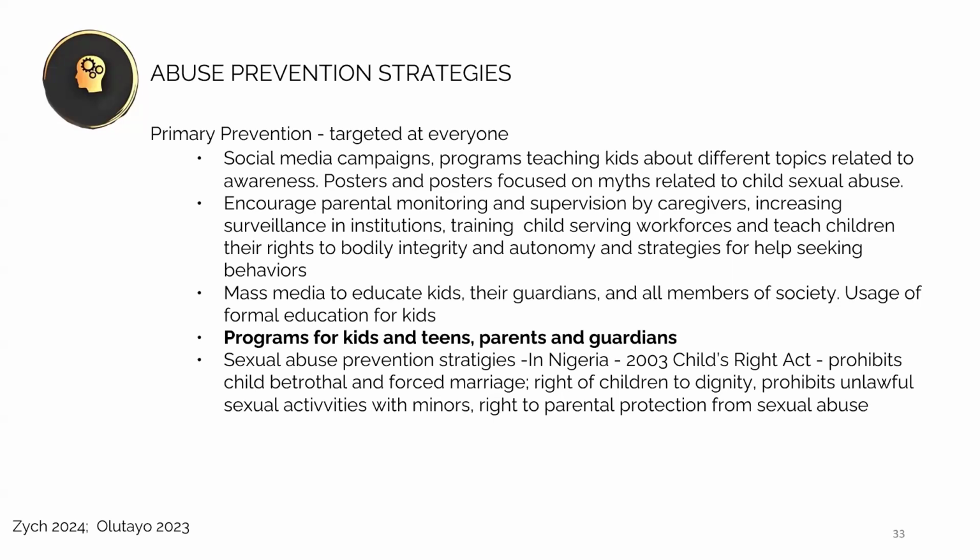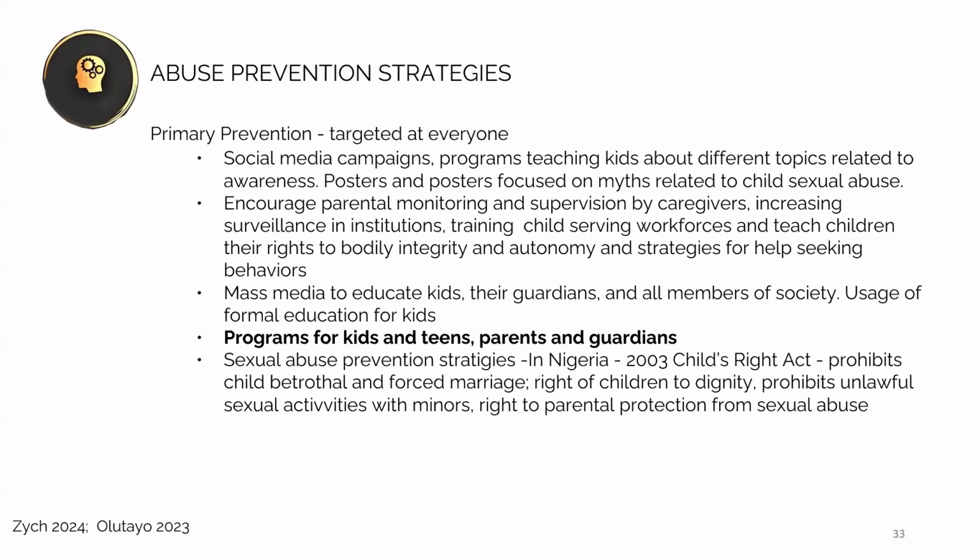Some others talk about more mass media to educate kids, guardians, and all members of society. Of course, someone said using formal education for kids, so it being taught in schools is very important. We will be going over the programming for kids and parents and guardians, and having overarching sexual abuse prevention strategies. For example, in Nigeria, they passed the Rights Act in 2003.